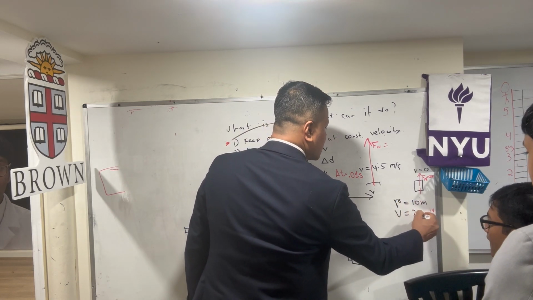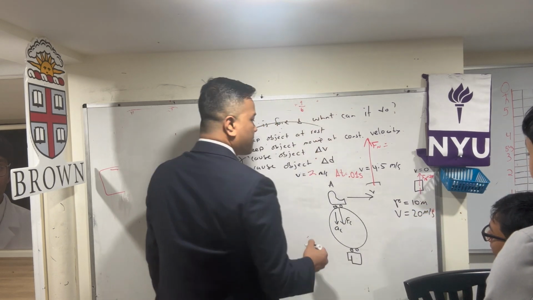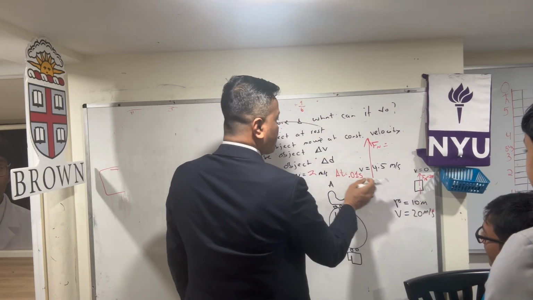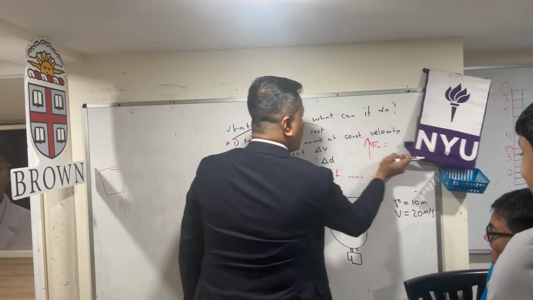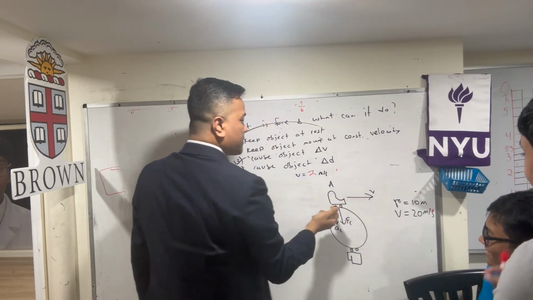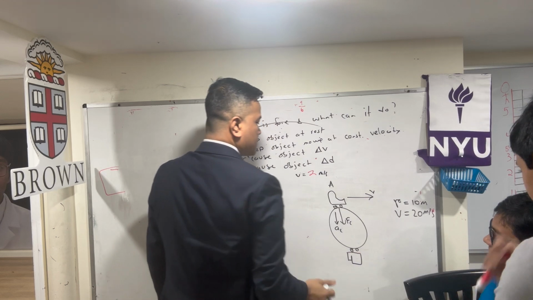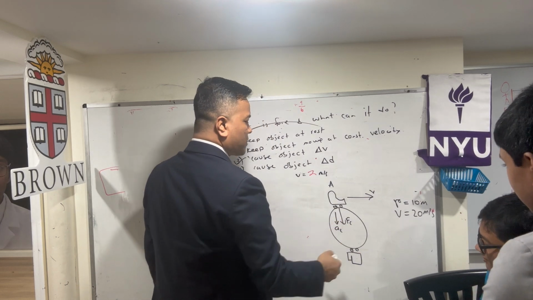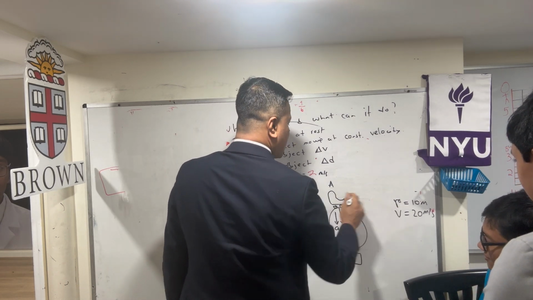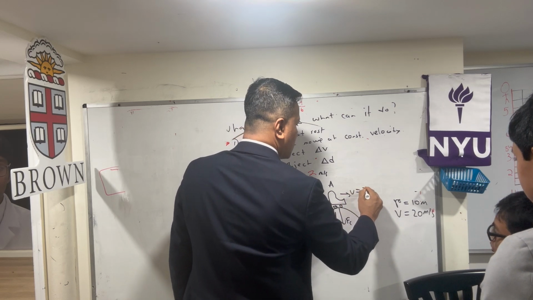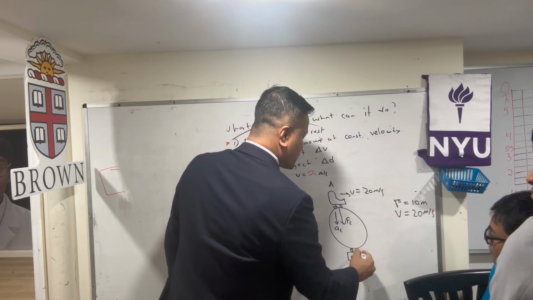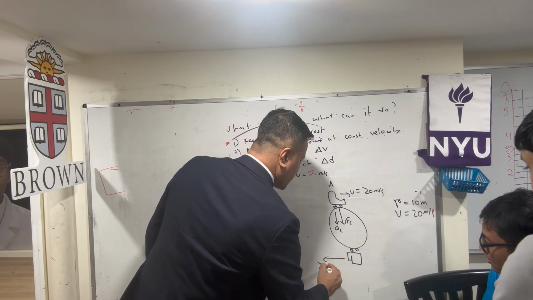Velocity is 20 meters per second. This guy is riding on a track, a car moving on a circular path. The velocity is how much here? 20 meters per second. Velocity is how much here? Also 20 meters per second.